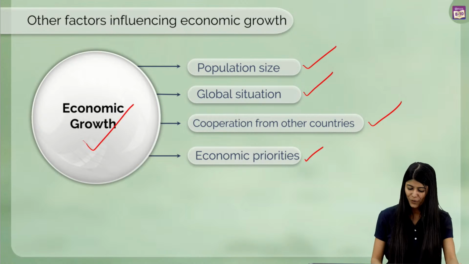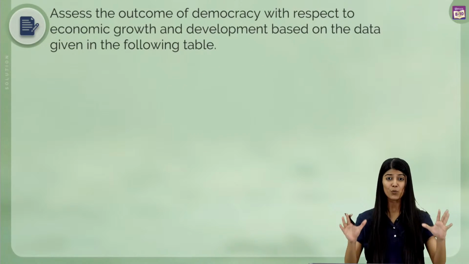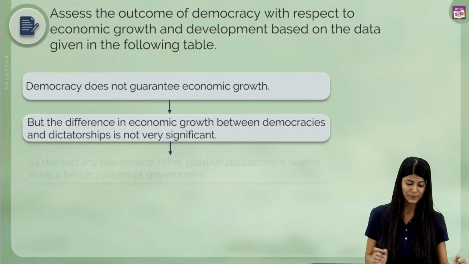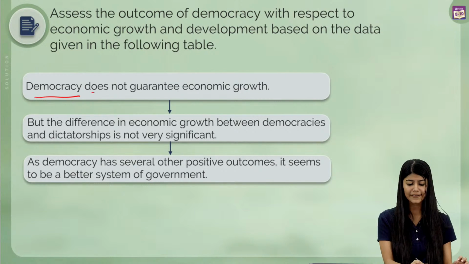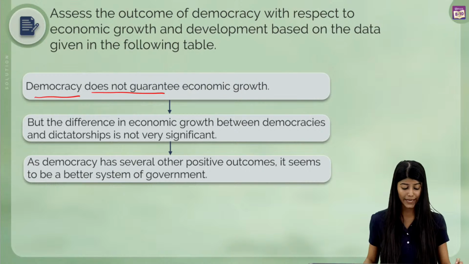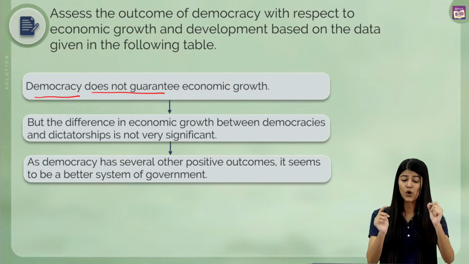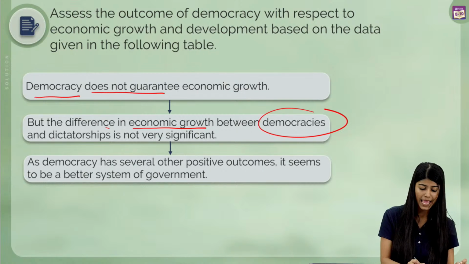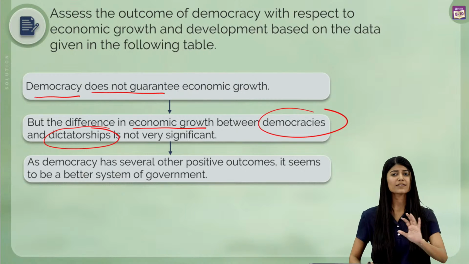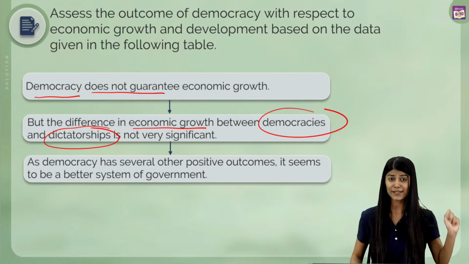Awesome. Moving forward now, it's time for us to conclude what we have learned in the second aspect. So we know now that democracy does not guarantee economic growth, right? And the difference that we saw in the economic growth between democracies and dictatorships is not very significant. It's negligible.